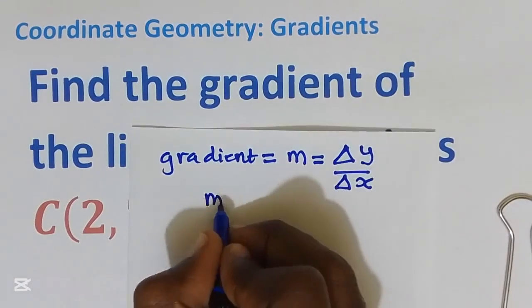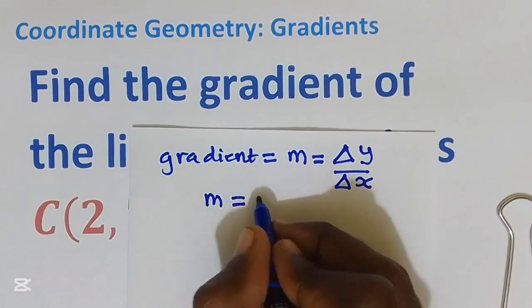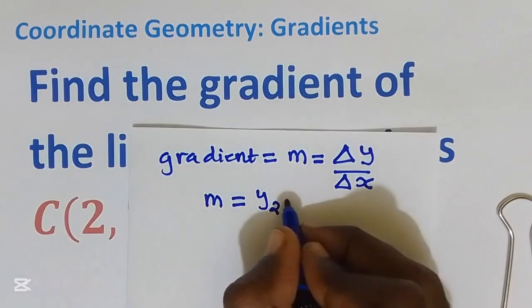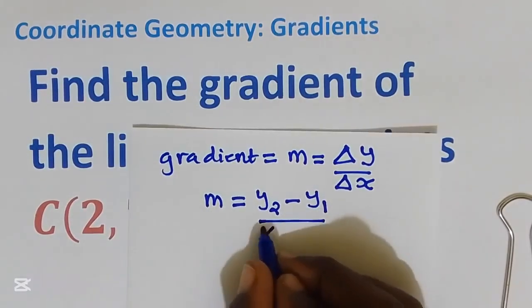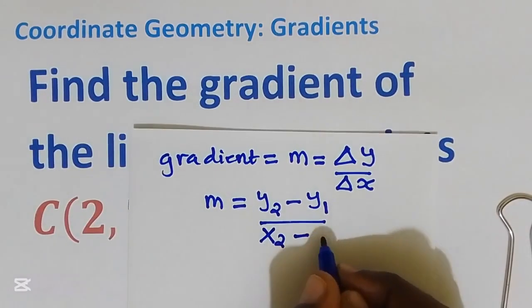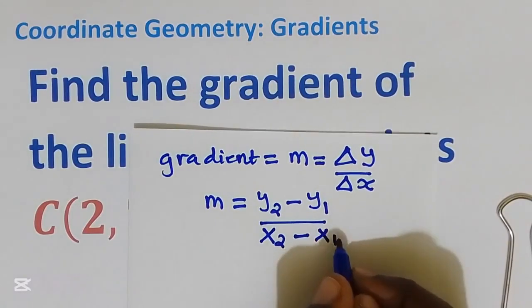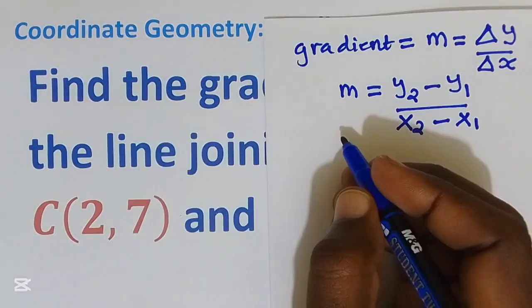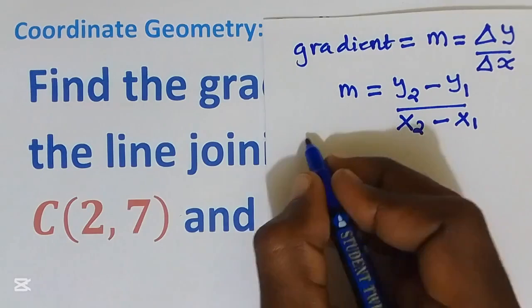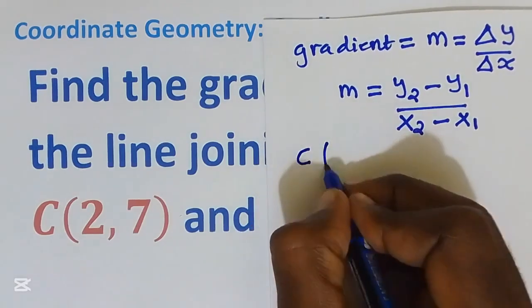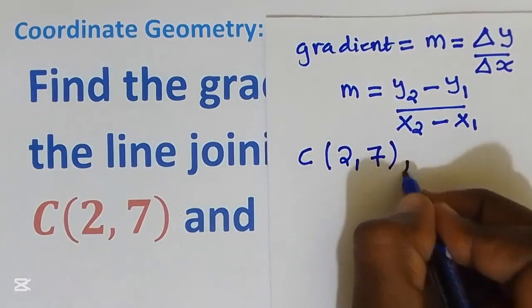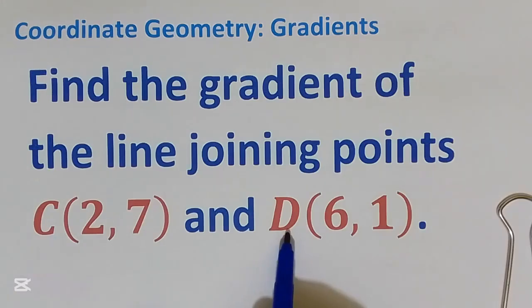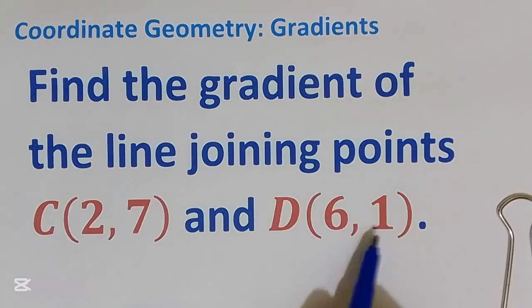Gradient m is equal to y2 take away y1 over x2 take away x1. They have given to us 2 points, C, which is (2,7), and point D, which is (6,1).